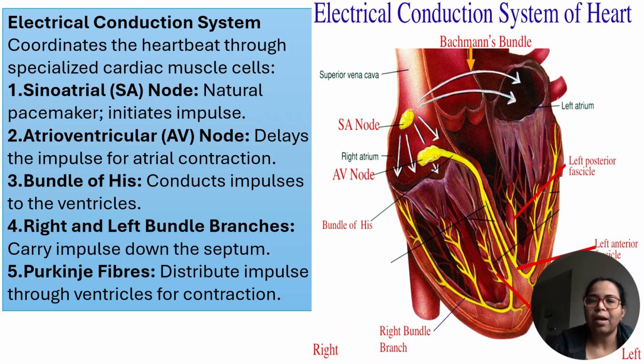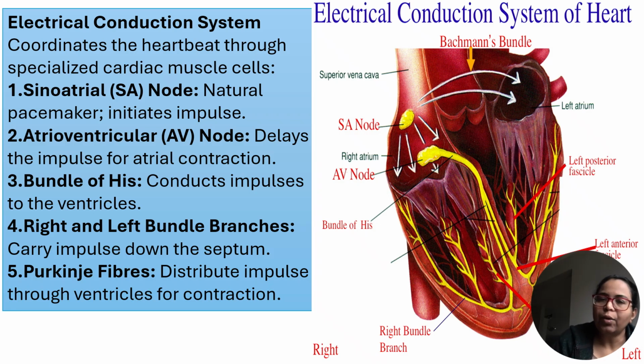These two points are responsible for the contraction of the heart muscles. This electrical system coordinates the heart's muscles to have action potential. And the SA node is the natural pacemaker which initiates the impulse.